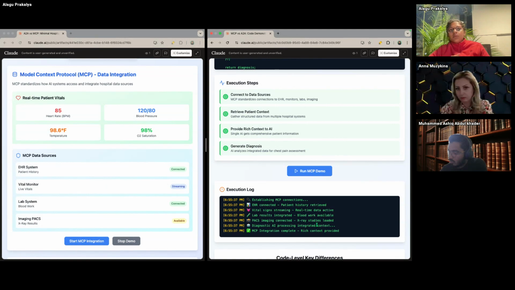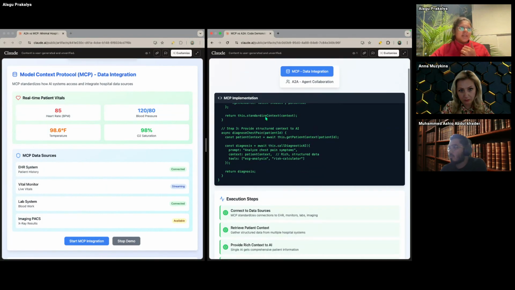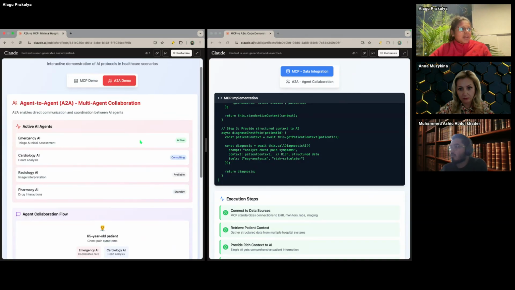Now, we need more rich insights. This data itself wouldn't be enough. We would need a specialized opinion on it, like the cardiologist's opinion or the pharmaceutical opinions. So for that, we will have the agent to agent collaboration established for that planning and consultation network.